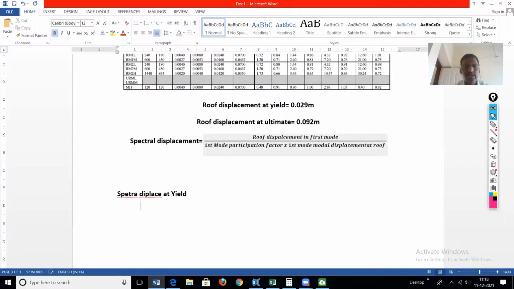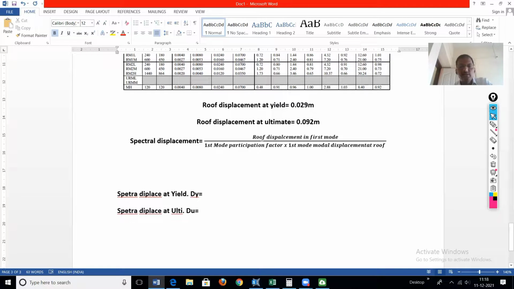This is very required. And second is the spectral displacement at ultimate point. This is called du and this is called dy. These two values we require for the further calculation.